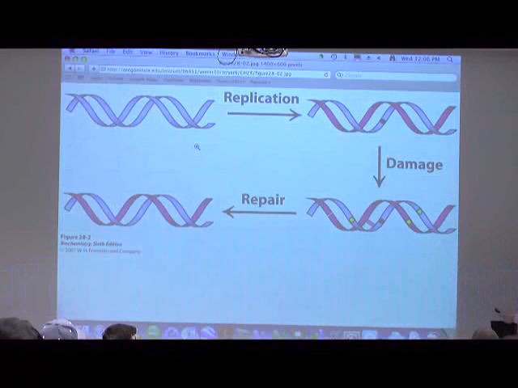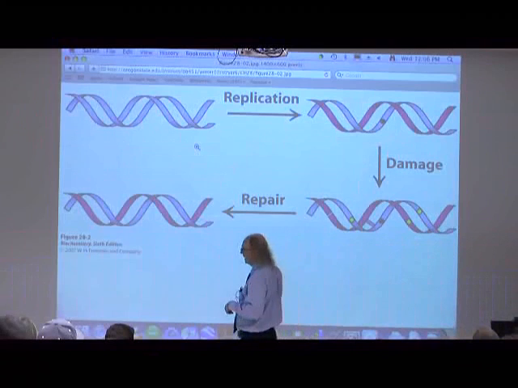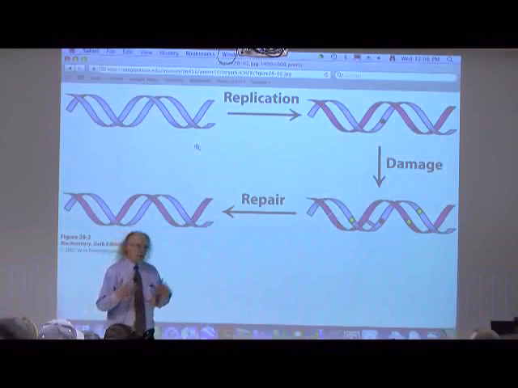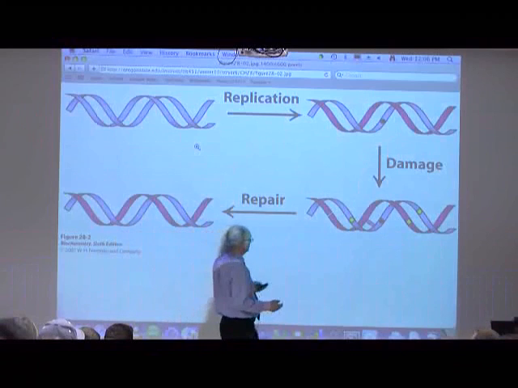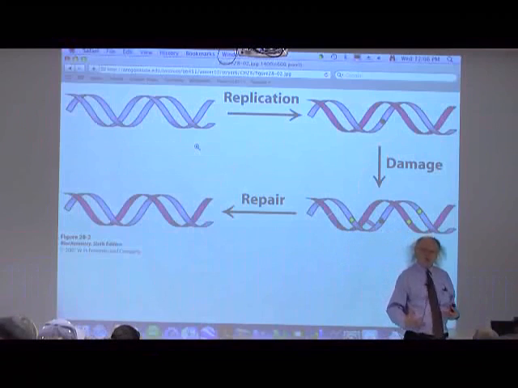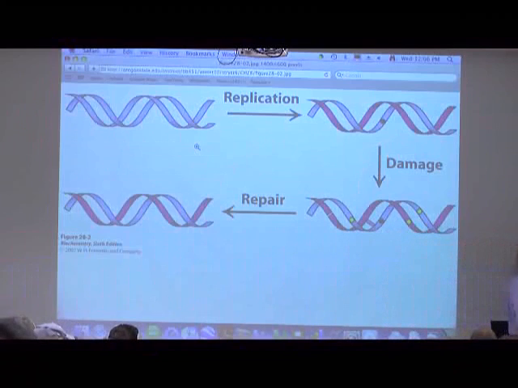So that means that cells really need to have mechanisms to repair that damage. And I'll spend some time talking about different repair mechanisms after I talk about DNA replication, to elucidate some of those mechanisms that they use to keep from causing problems. If your cells didn't repair their DNA, you'd be dead today.